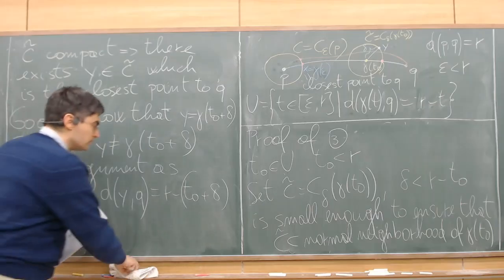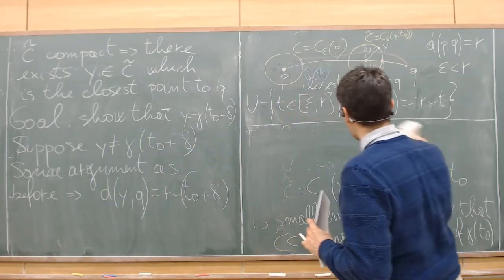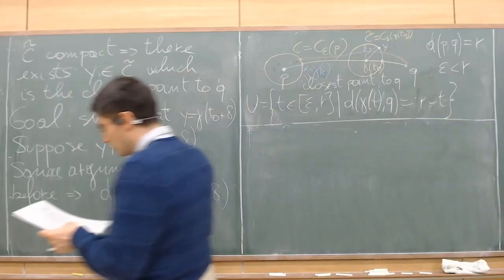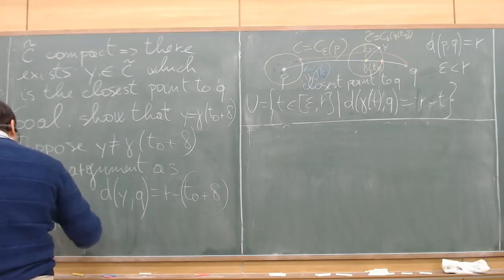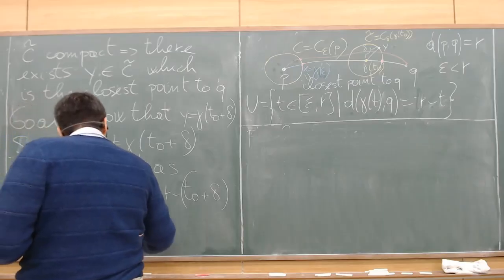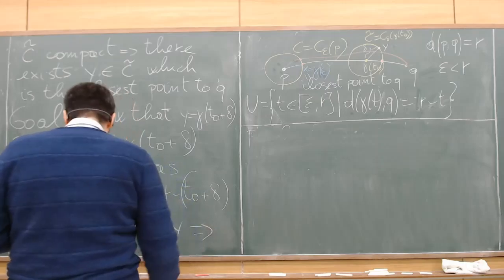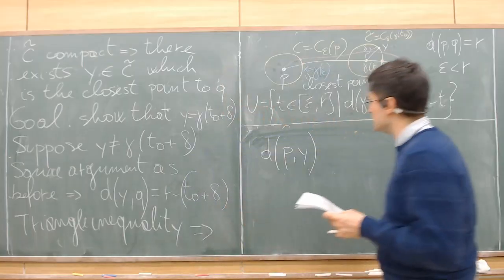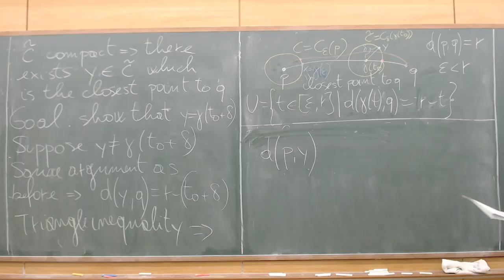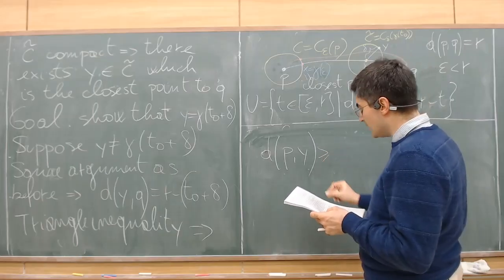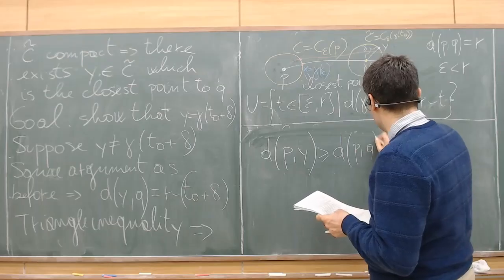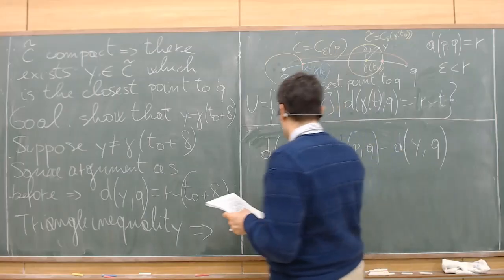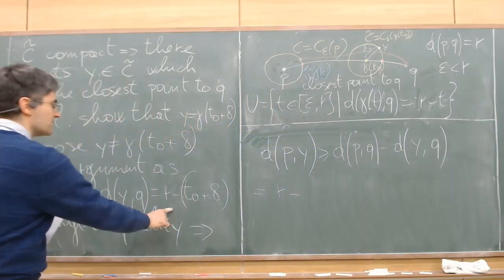Now we can use the triangle inequality to estimate the distance between P and Y. The distance from P to Y is larger or equal to dPQ minus the distance between Y and Q. The first one is R, the second one is written here.